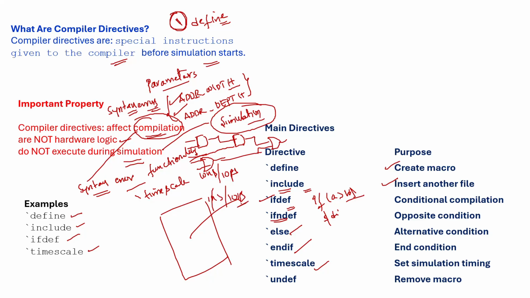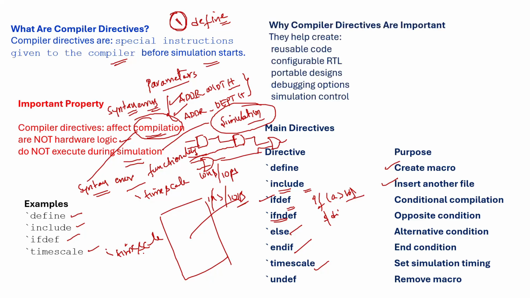In this way we will utilize that, or sometimes 1 nanosecond by 1 picosecond. For each and every one there is a separate rule. I will explain in the further slides.